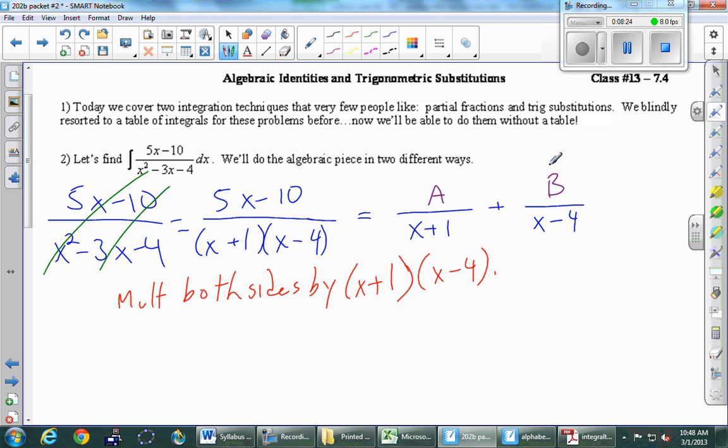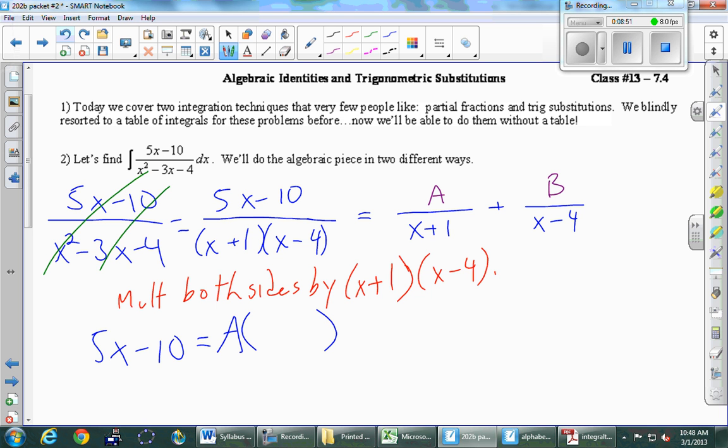So on the left-hand side, when I multiply by this thing in red, lots of stuff cancels. What do we have left? That's just the left-hand side first. When I multiply this thing right here by this thing, we just get the 5x minus 10, right? Okay, so 5x minus 10 equals, and then, Topher, I think this is what you had said before.